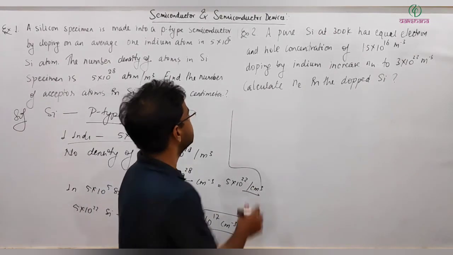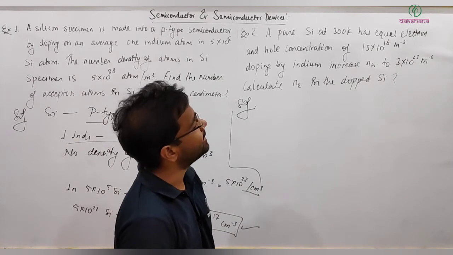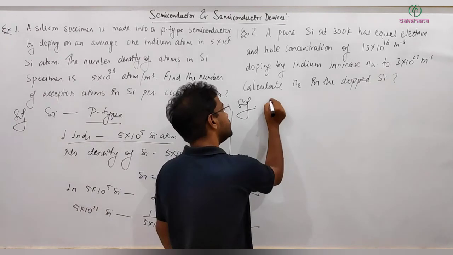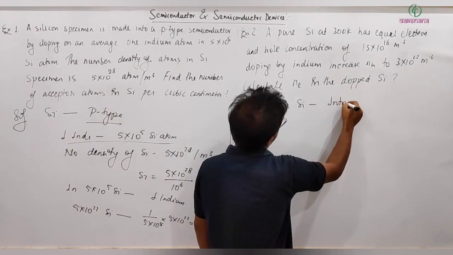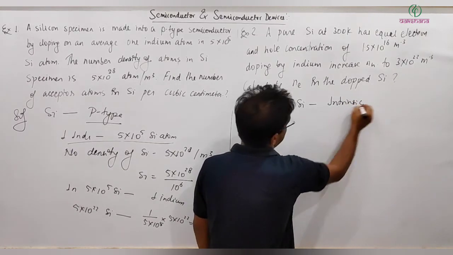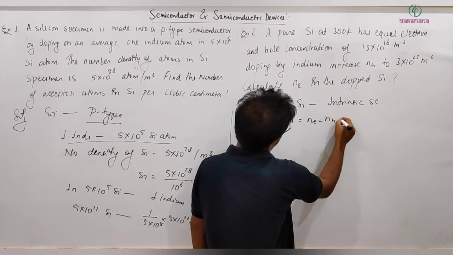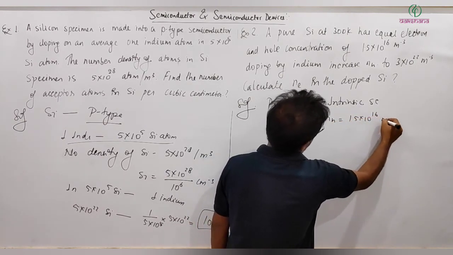Okay, so let's talk about the next case. A pure silicon at 300 Kelvin has equal electron and hole concentration. So pure silicon means what? It's an intrinsic semiconductor, and that means Ni equal to Ne equal to Nh, that is equal to 1.5 into 10 raised to power 16 per meter cube.